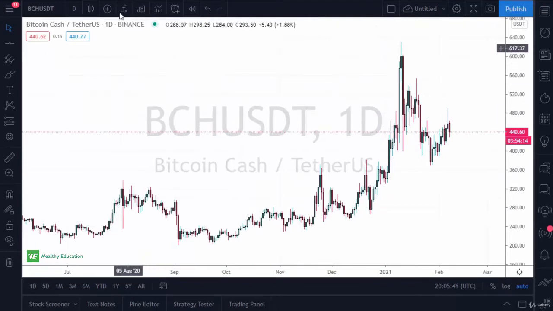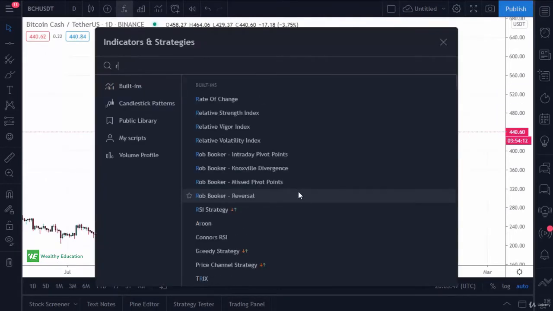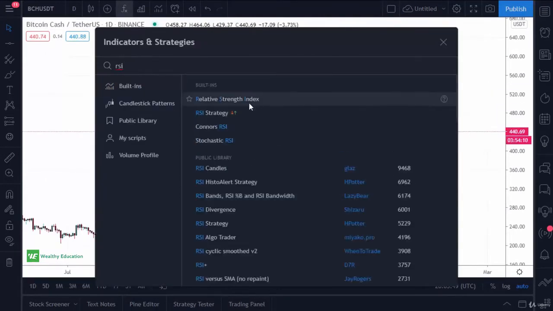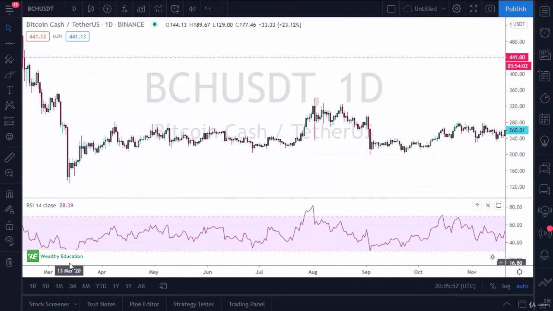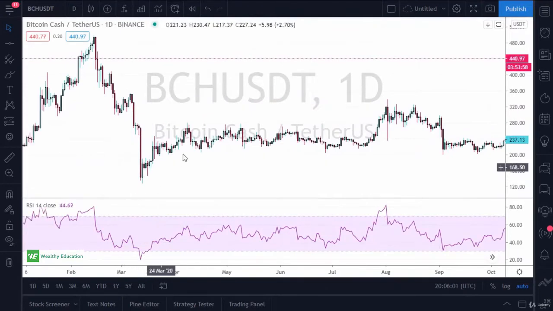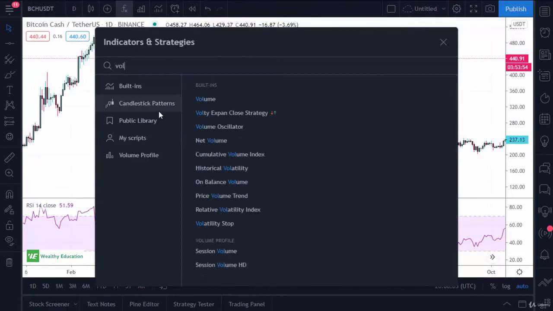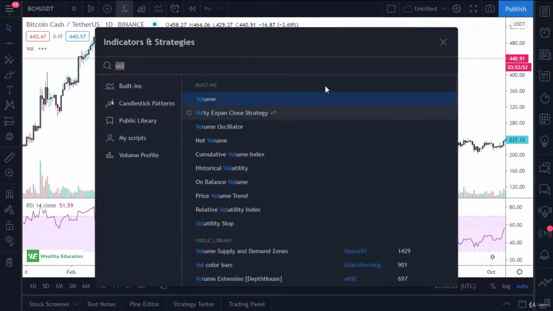Over here in Bitcoin Cash, let's put the RSI up. Overbought here, you can see that we rolled over. Oversold here, bottom of this move. Ended up recovering. Let's add the volume back into this chart so we have both going up at the same time.